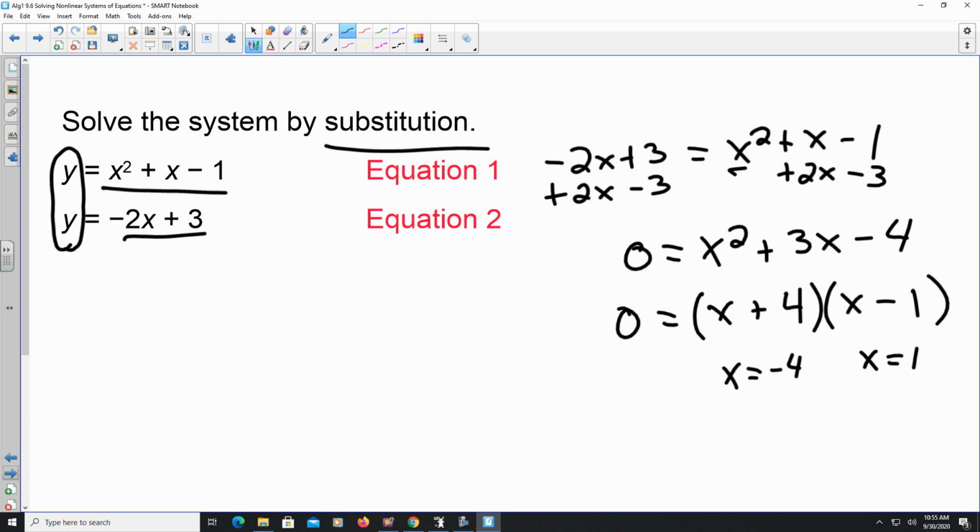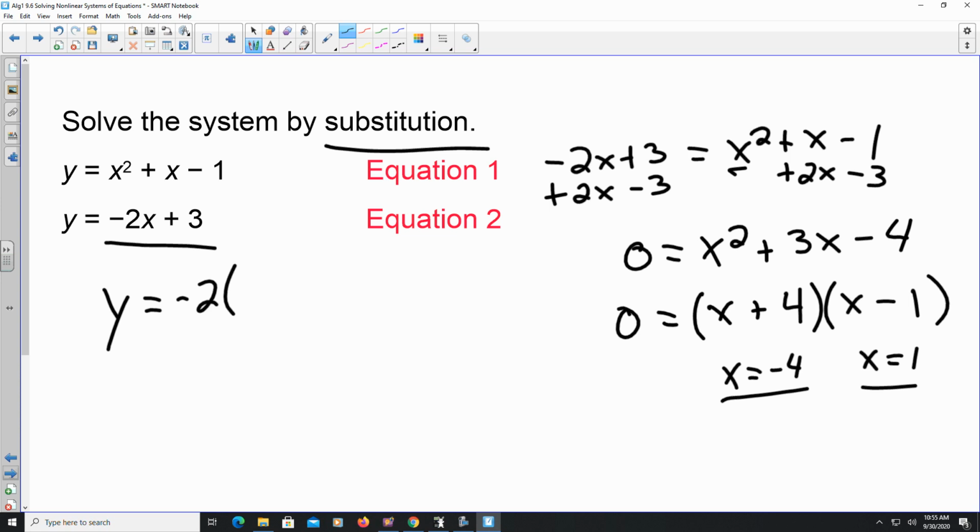So in this situation, we're going to have two coordinates as our system. Now I am going to choose one of these equations to solve for y. I'm going to use this one. It's the easiest one to solve for because there's only one variable I have to substitute. So now I'm going to have y equals negative 2 times negative 4 plus 3. Negative 2 times negative 4 is 8.